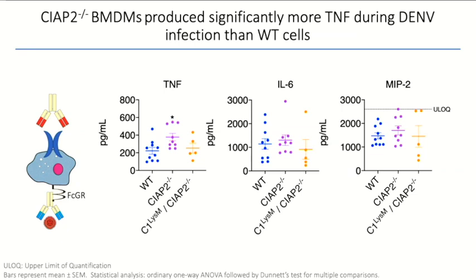I also looked at the production of pro-inflammatory cytokines by wild-type and IAP-deficient bone marrow-derived macrophages. At 48 hours post-infection, I found that although there were no differences in IL-6 and MIP2 production, TNF production from CIP2 deficient cells was increased.